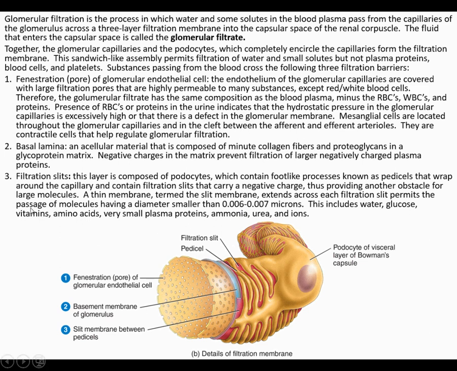Water, glucose, vitamins, amino acids, your smallest plasma proteins, ammonia, urea, and ions. Okay. For most things, they're going to get stuck in our blood. But if you think about it, water, solutes, they make up the bulk of our plasma, with the exception of our plasma proteins.